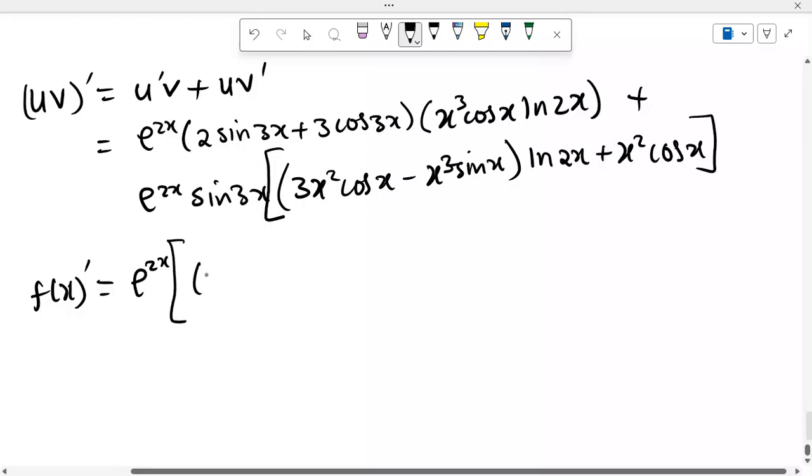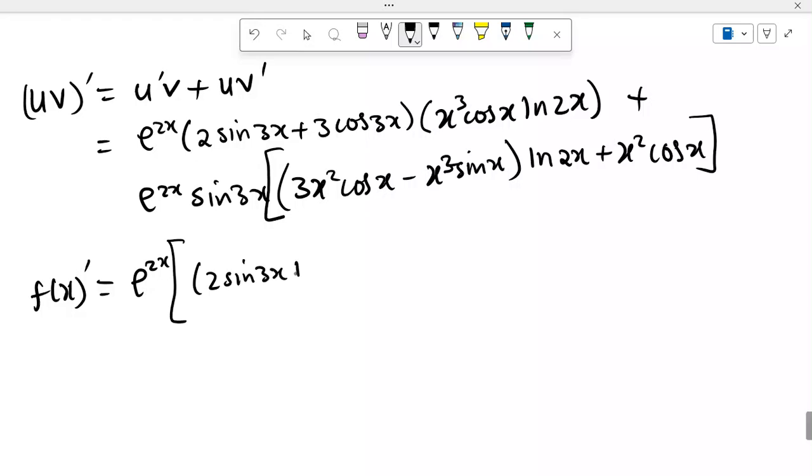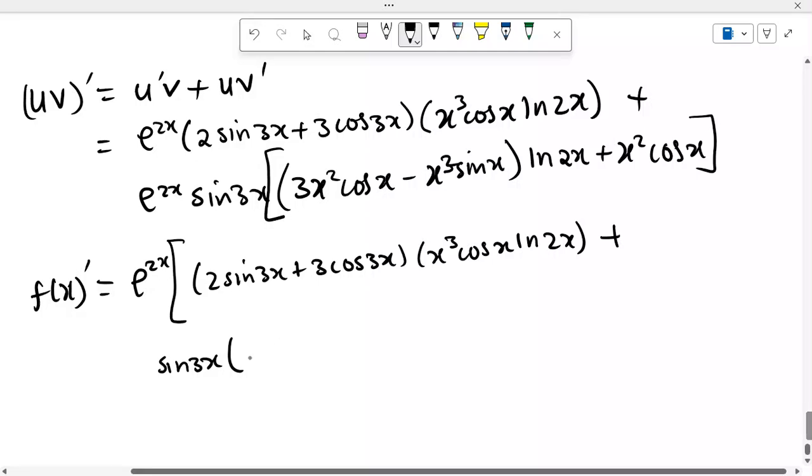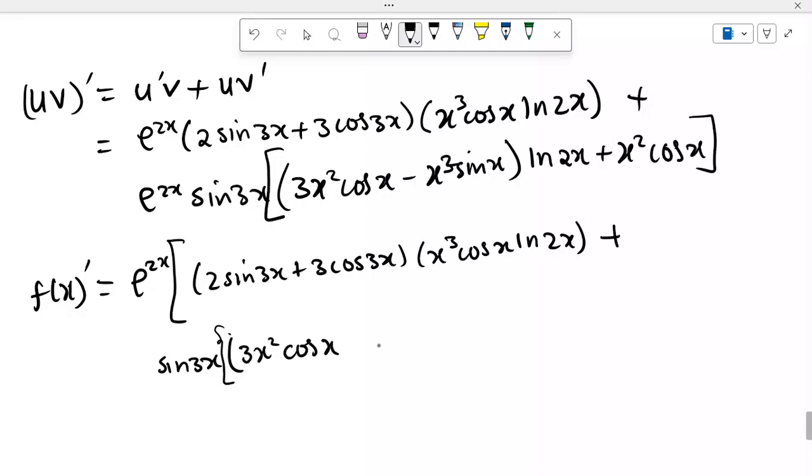So write this: 2 sine 3x plus 3 cos 3x, x cubic cos x natural log 2x, plus, so continue from here, sine 3x in bracket, let me just use this bracket, carry over, it's okay. x squared cos x minus x to the power 3 sine x, natural log 2x, plus x squared cos x.